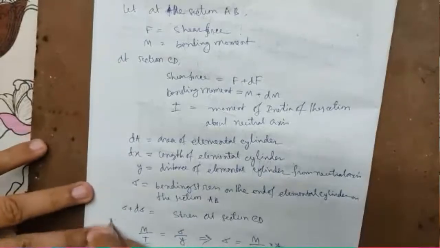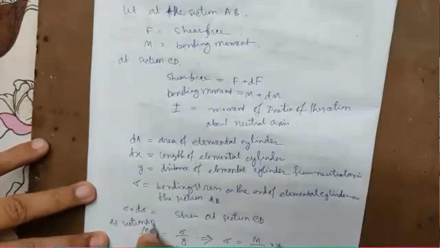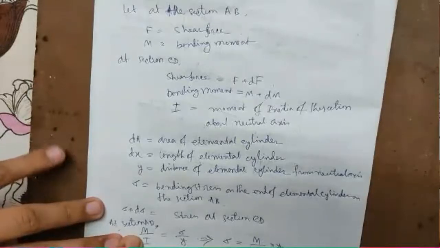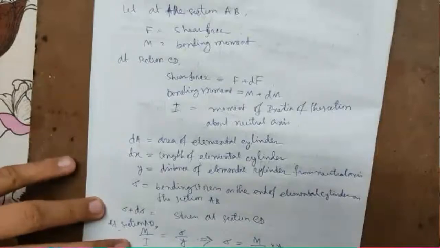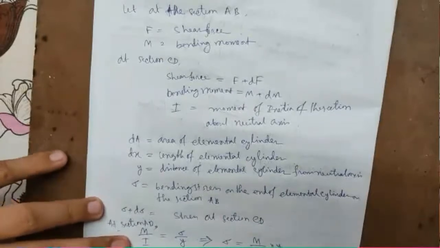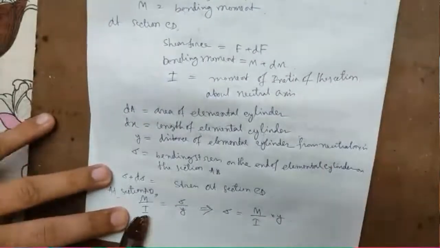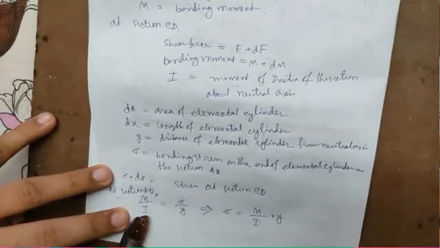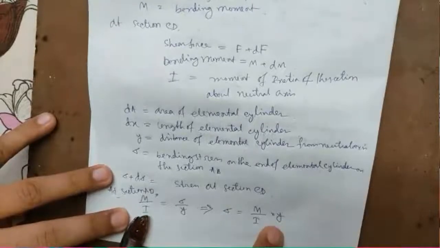At section AB, the bending moment is M, I is constant, and the expression of sigma is M by I into y.